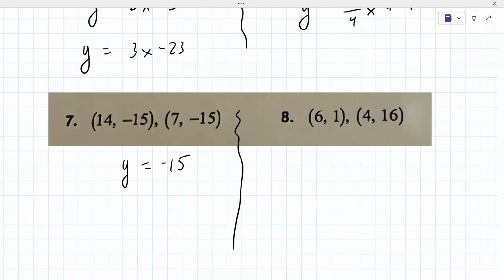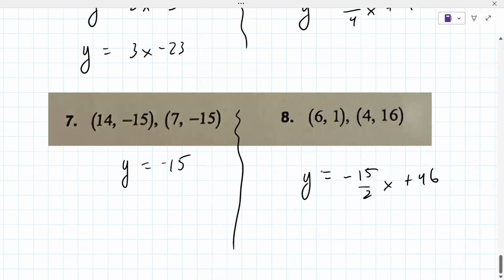And so then plug this in. So then number 8, I got y equals negative 15 halves x plus 46.